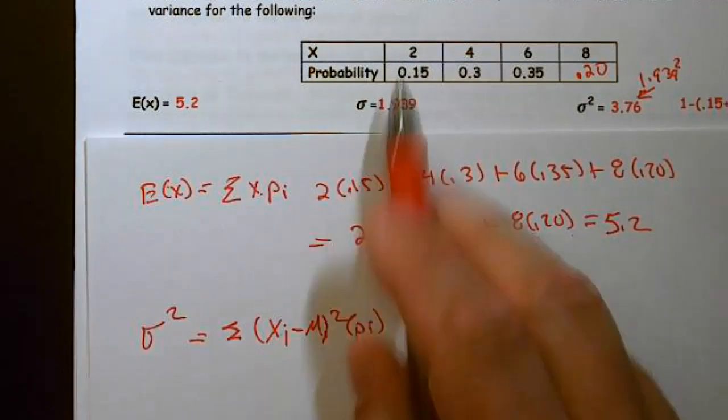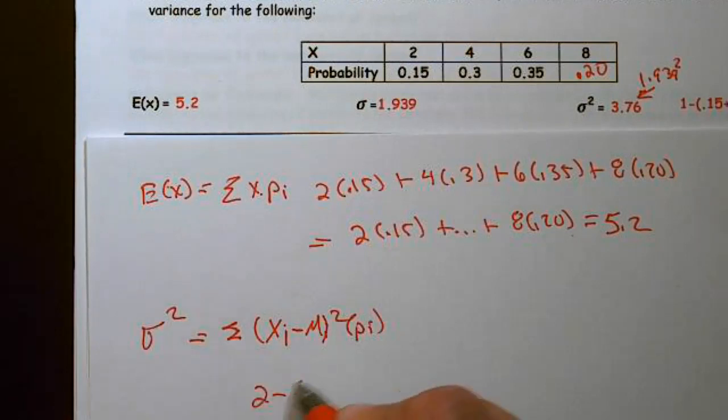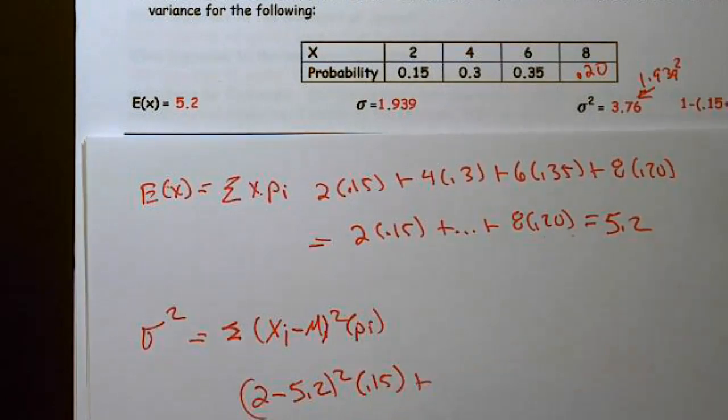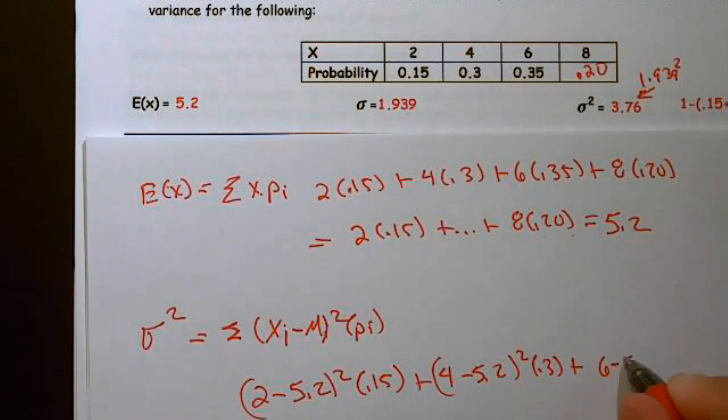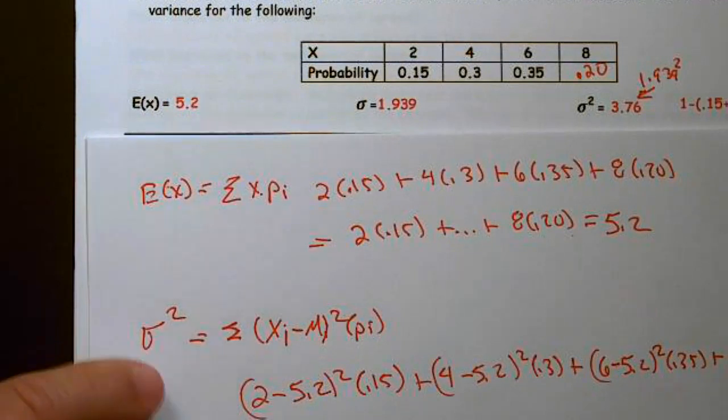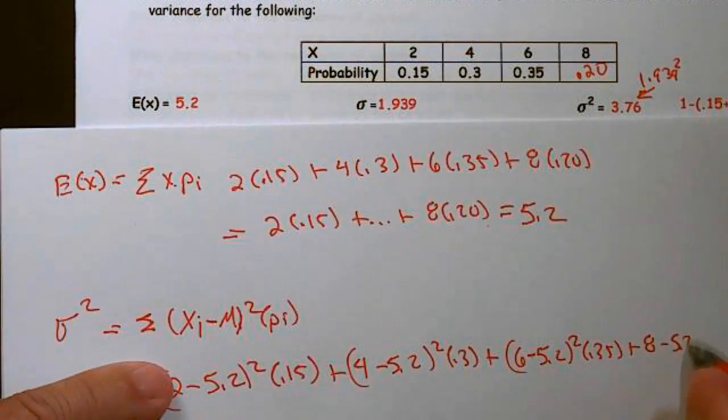So in this case, it's going to be 2 minus 5.2 squared times the associated probability of 0.15 plus 4 minus 5.2 squared times the 0.3, which is the associated probability, plus 6 minus 5.2 squared times the associated probability plus 8 minus 5.2 squared times the probability of 0.2.